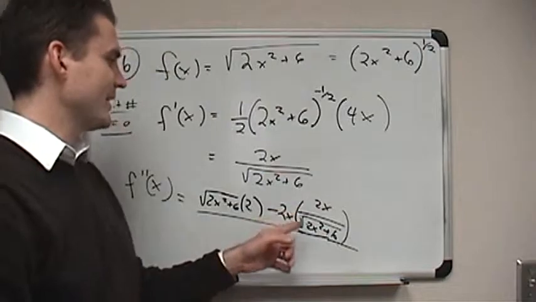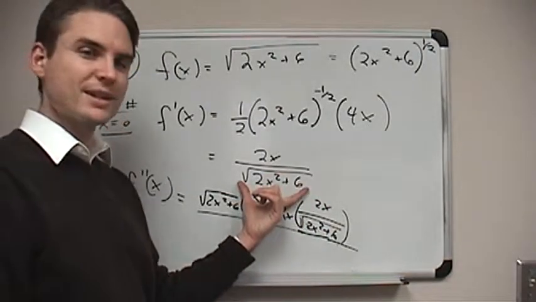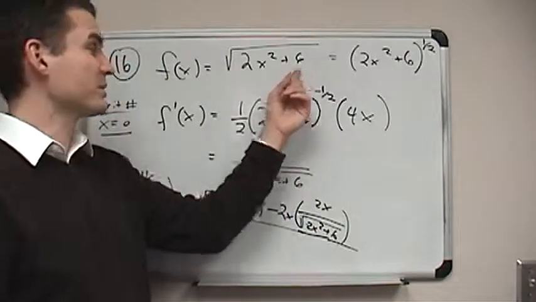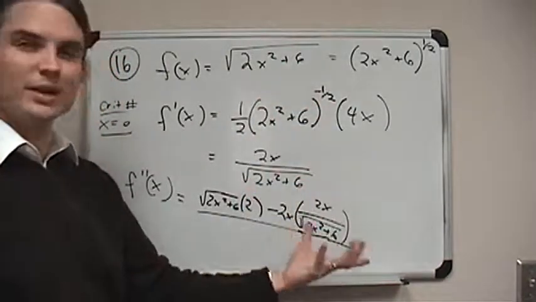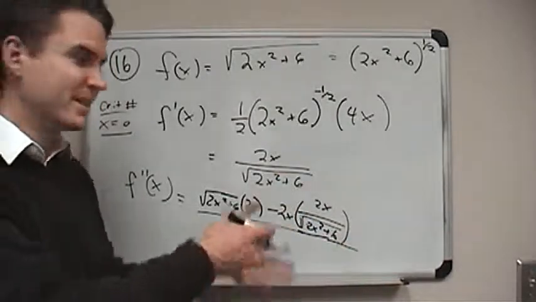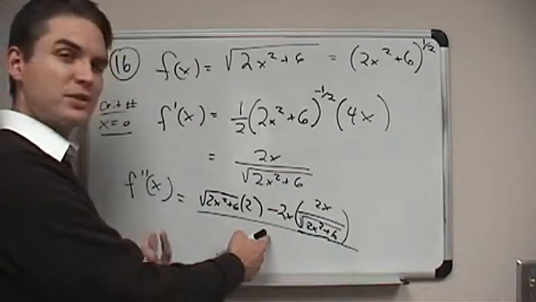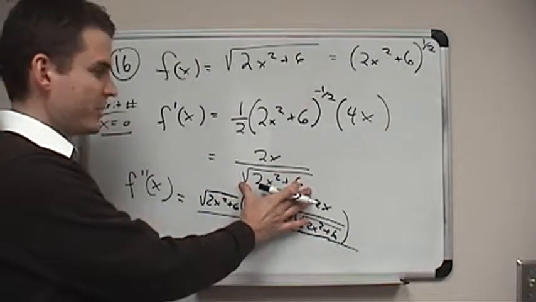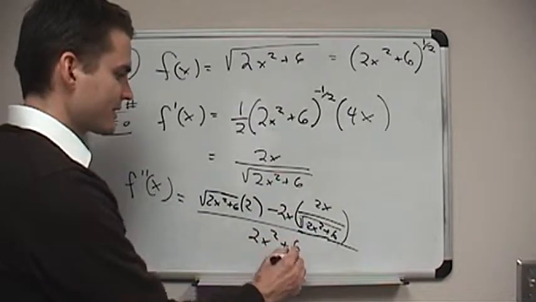You see what I did there? This should be the derivative of the square root of 2x squared plus 6. But look at what we found. This derivative is this, so I just plugged it in. I'm using something I've already done. Again, it's recycling. And this is all over the denominator squared. Well, that's the denominator here squared, and when I square that, it's just 2x squared plus 6.